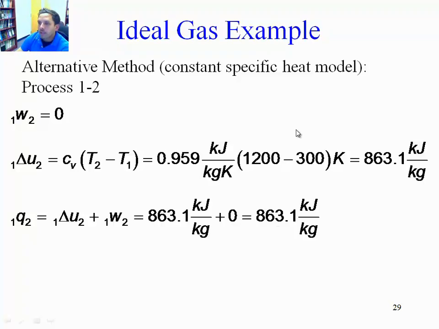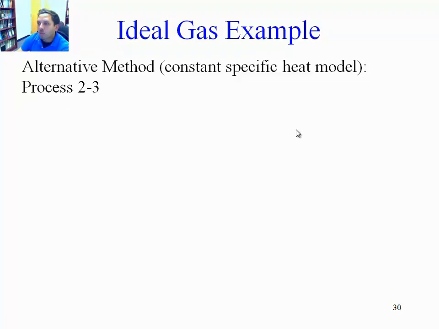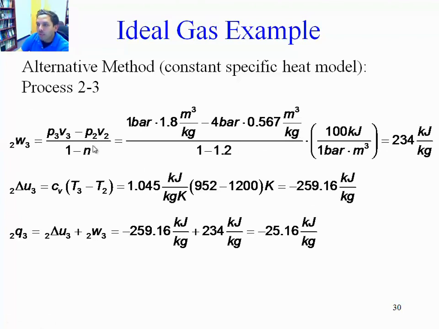All right, so now let's go for the process from 2 to 3. The work we don't need to talk about, because the work is calculated exactly the same way. It's the same exact way, nothing changes. But the change of energy is now Cv times delta T. Cv in the process from 2 to 3 was 1.045. It actually rises considerably more.